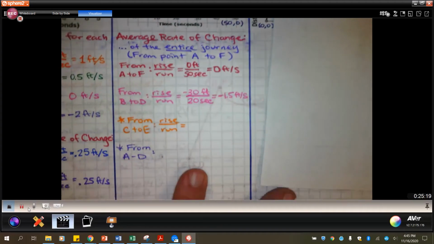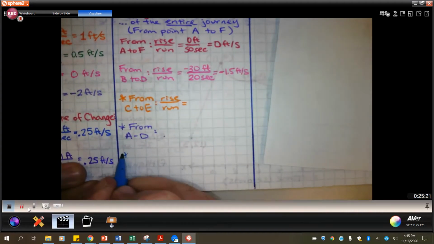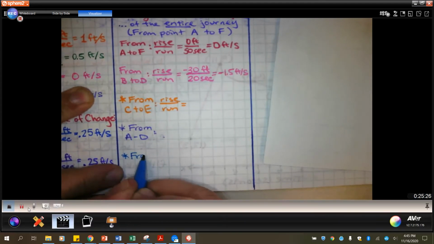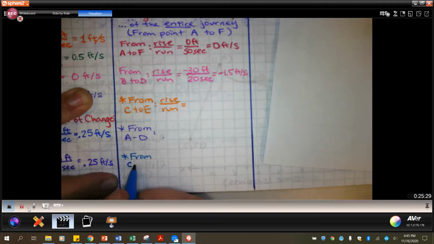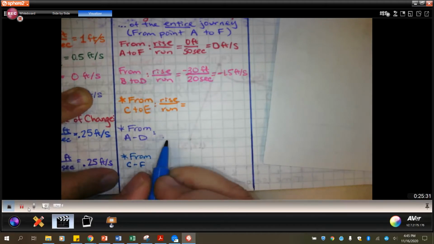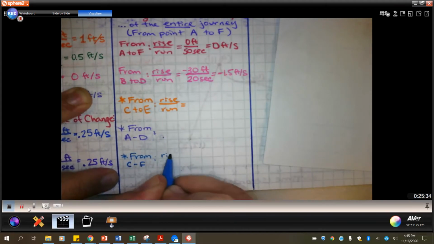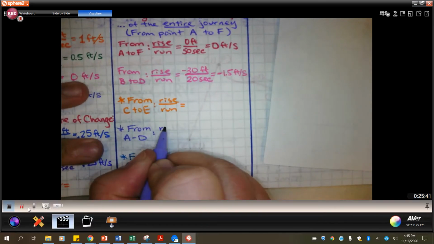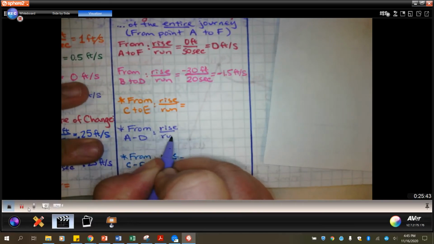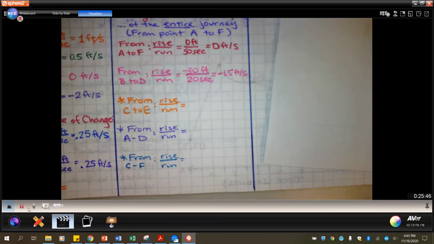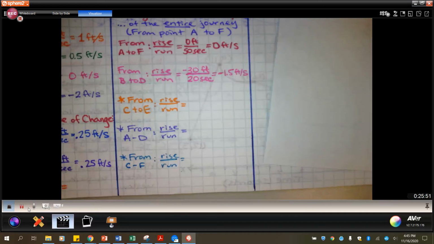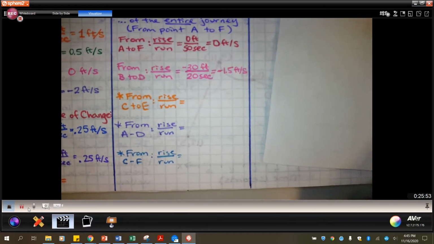Let's just do one more. And lastly, from C to F. And I noticed I started doing dashes instead of the word to, but that's fine. Okay, so go ahead and try those on your own. Remember, it's rise over run. Some of these will be negative and some will be positive. I'm hoping that they're not like a third, but if they are, you can always leave it in fraction form, guys. It's not a big deal.